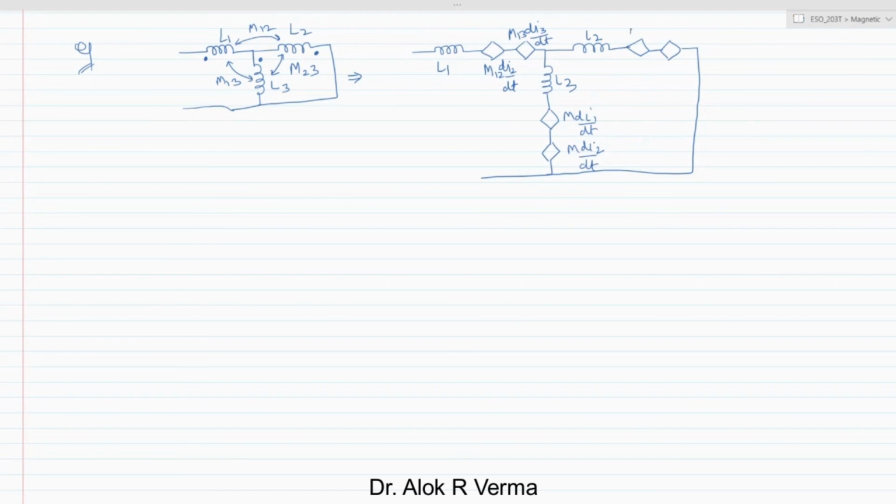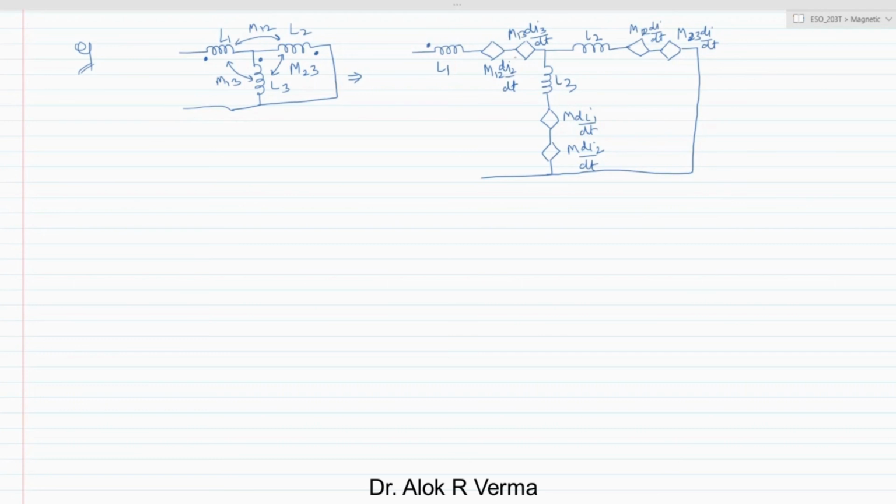Then here it will be M12 di by dt, M21 basically. And here it will be M23 di by dt. The polarity you can see based upon the dots.